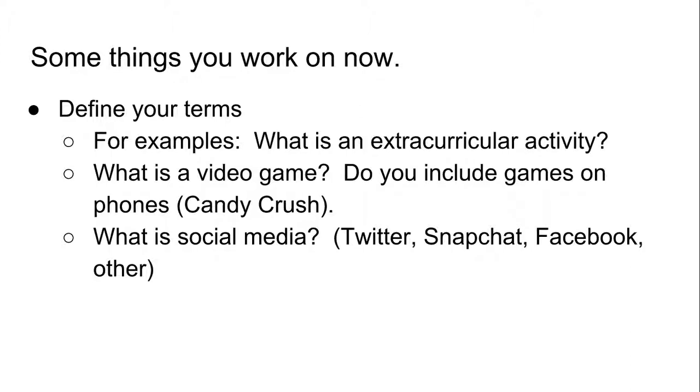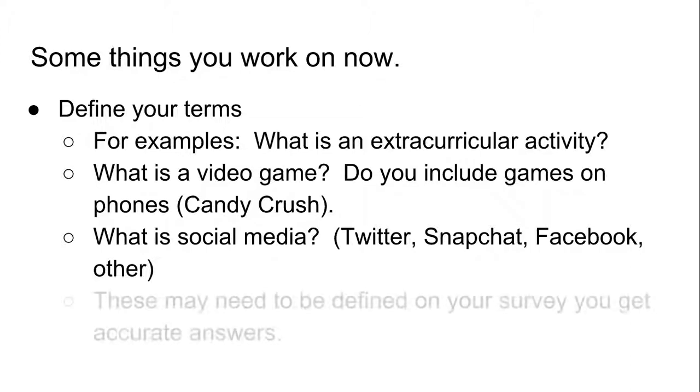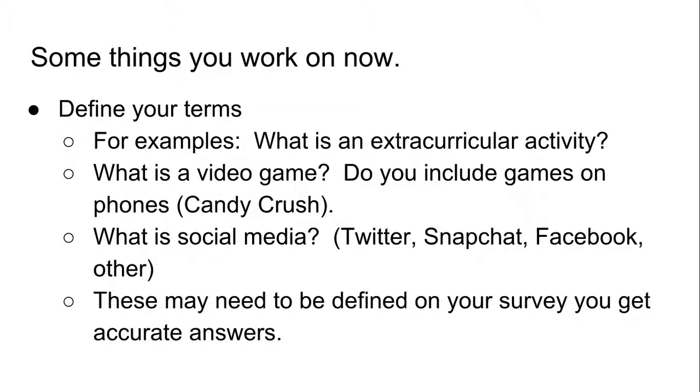Plus, you need to make sure that the person who is taking the survey understands what you're asking for. So you might need to include in the survey, if I'm doing social media, I may say, how much social media do you use at night? Social media is defined as Twitter, Snapchat, and Facebook, so they know what you are talking about, so they give you accurate answers. Maybe they think social media is something different.